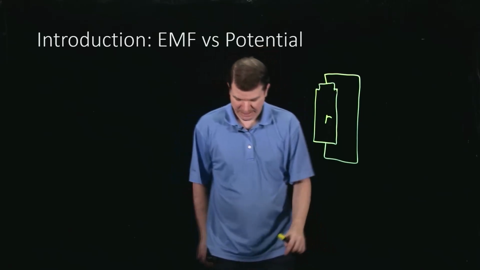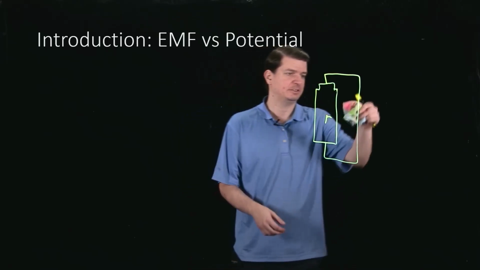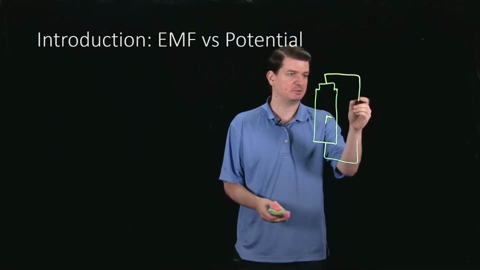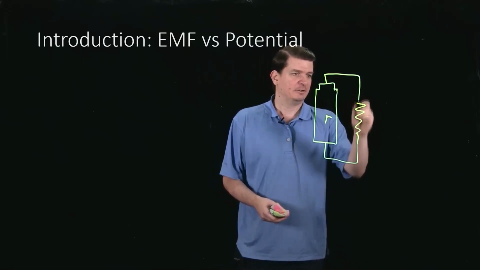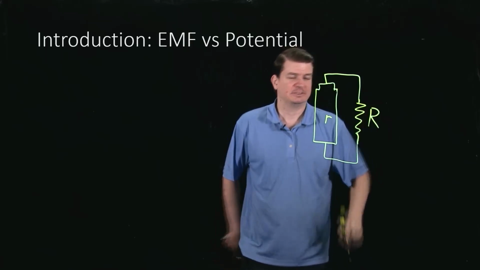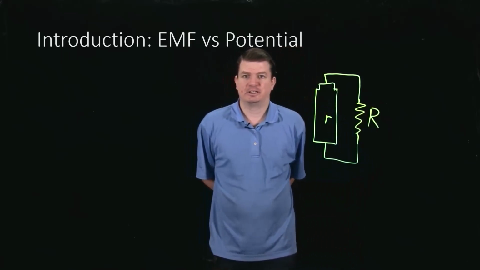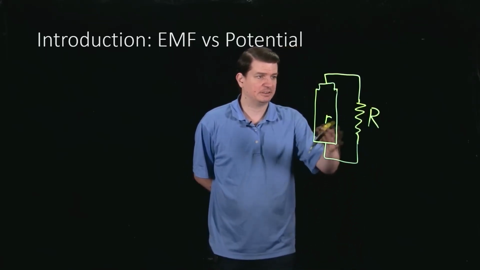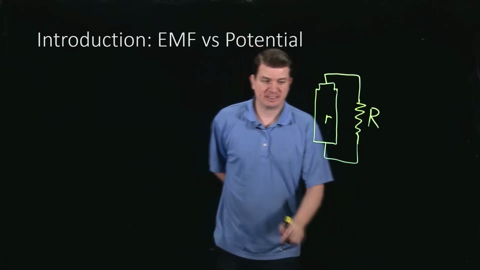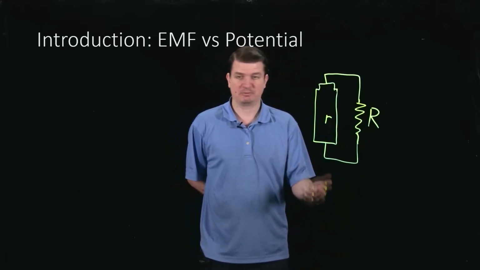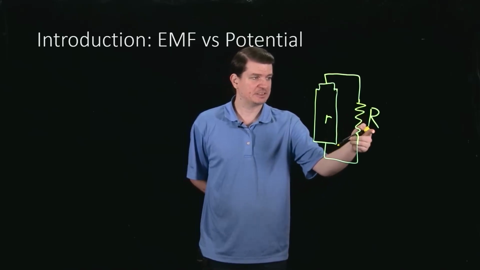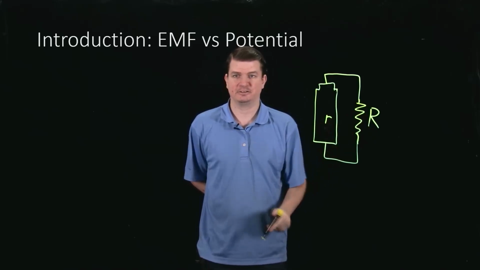So now, when you add in a real resistor into your circuit, so that your circuit is actually doing something useful, and that has some capital R, then you can ask now what's going on in this circuit. Well, the EMF is giving rise to some current, but there is a resistance R and the internal resistance r.